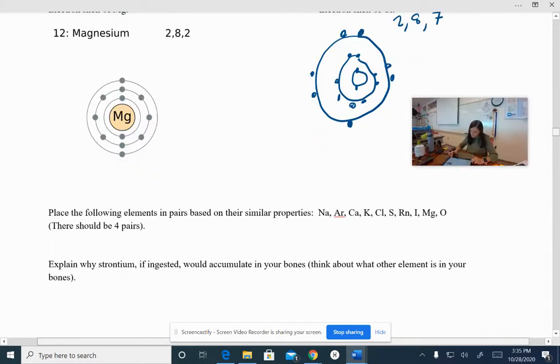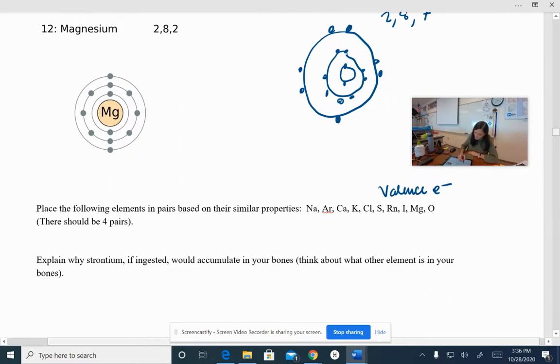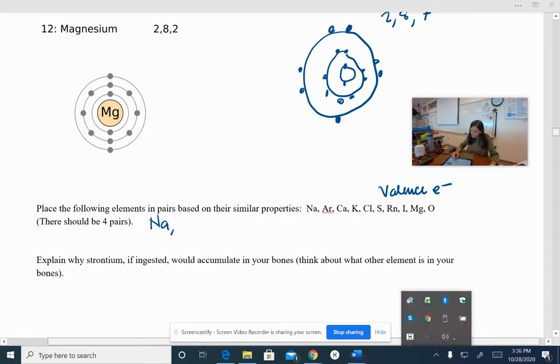All right. Place the following element pairs based on their properties. So we're going to look at valence electrons. Which ones have the same valence electrons? So let's look at sodium first. Is there anything else in there that has just 1 valence electron like sodium? Potassium does.